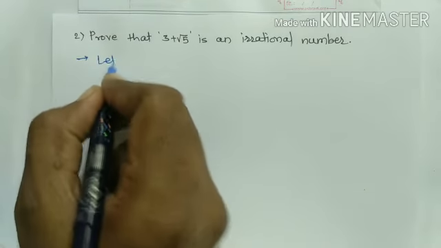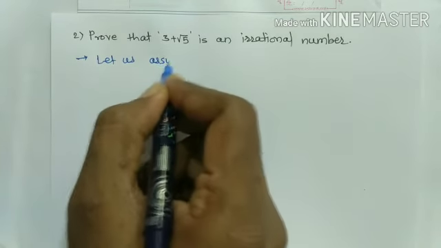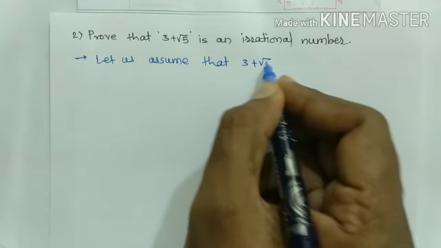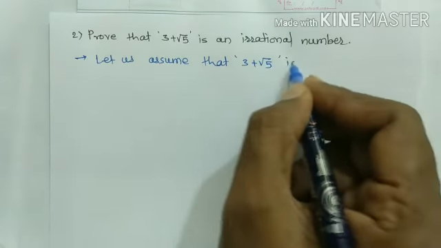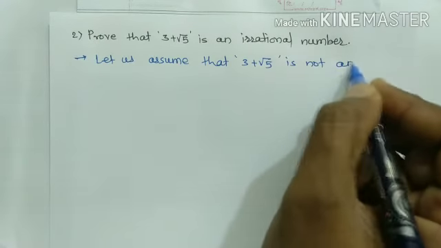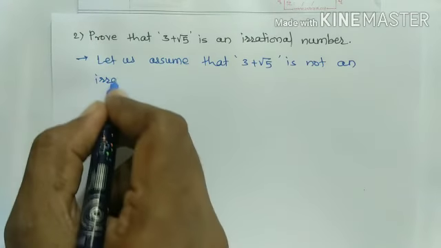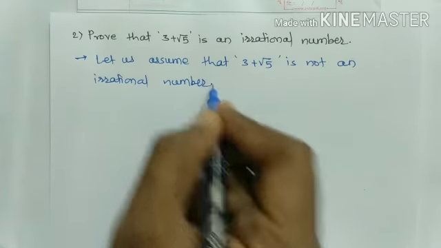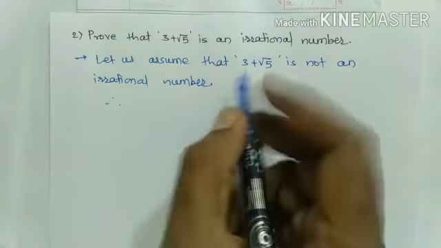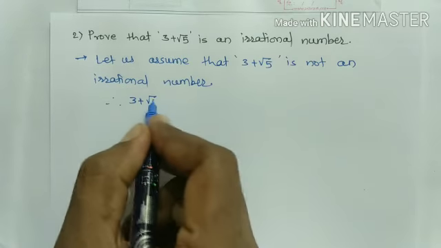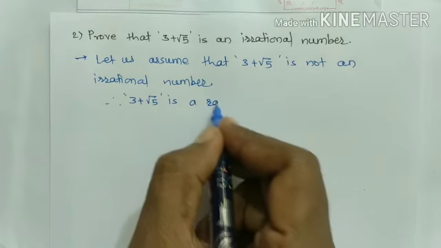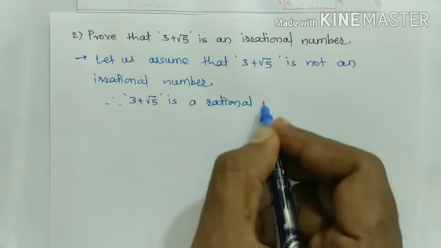See, let us assume that 3 plus root 5 is not an irrational number, and therefore as it is not an irrational number, then it is a rational number.